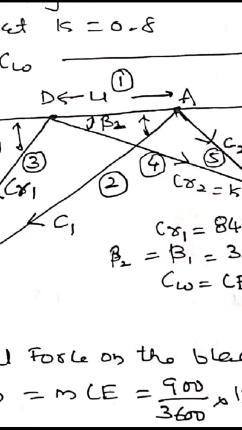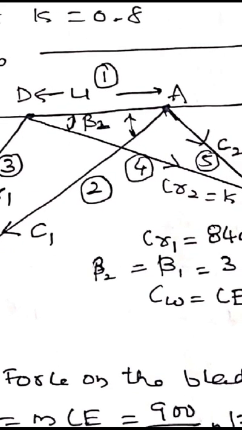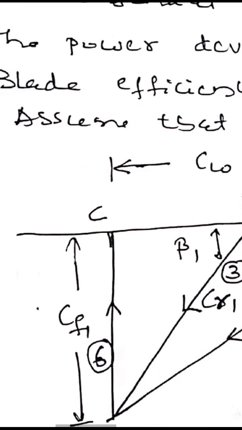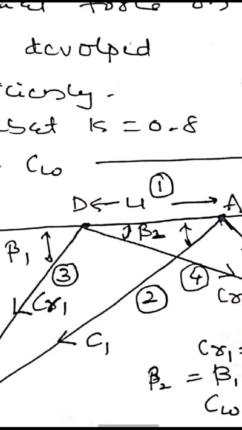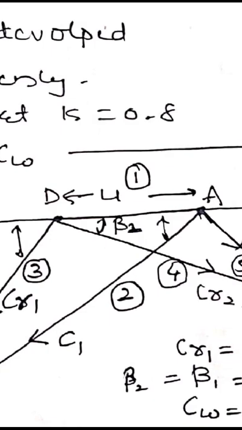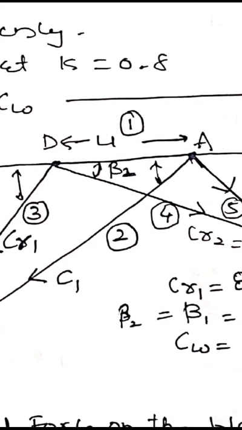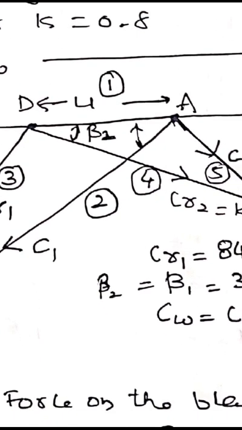It is also given that the blades are equiangular, so beta 1 equals beta 2. Assume k equal to 0.8; the blade velocity coefficient is given as 0.8. I have told you that the blade velocity coefficient equals Cr2 divided by Cr1, so Cr2 equals 0.8 times Cr1.